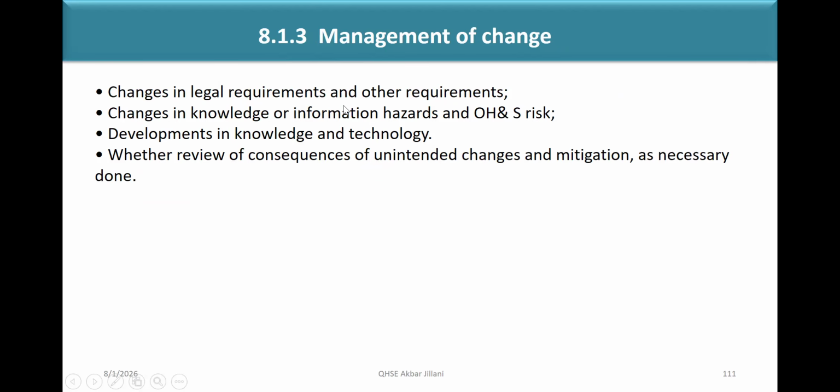Changes in legal and other requirements, changes in knowledge or information on hazards and OHS risks, and developments in knowledge and technology. Whether review of the consequences of unintended changes and mitigation is necessary, and done.